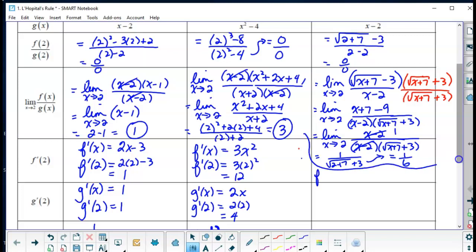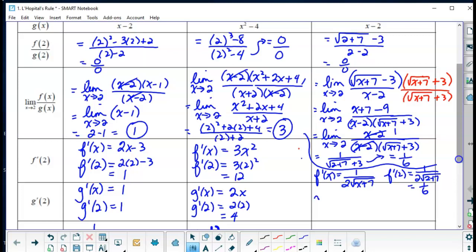Okay, so f prime of x. So the exponent is really a half. So we bring that down, it's going to be 1 over 2, and then the radical in the denominator. Substitute in 2, so that's going to be 1 over 2 root 2 plus 7, that's going to be 1/6.